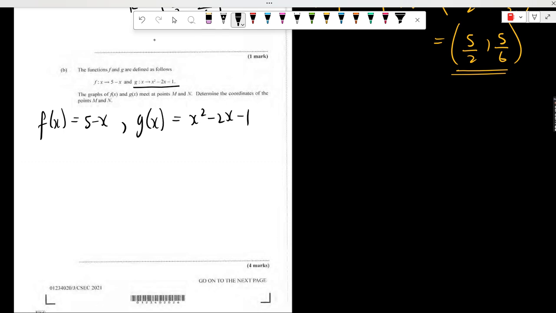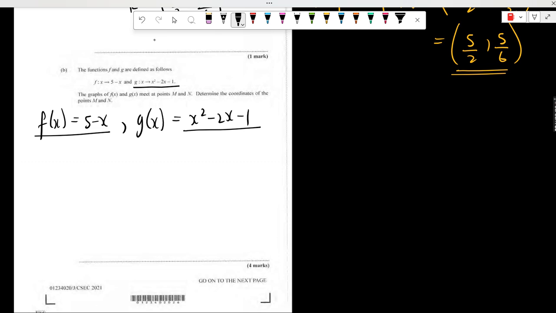So look at the two equations. What type of functions are they? We have f of x equals 5 minus x, and we have g of x equals x squared minus 2x minus 1. Are they both straight lines? No. Is any of them a straight line?